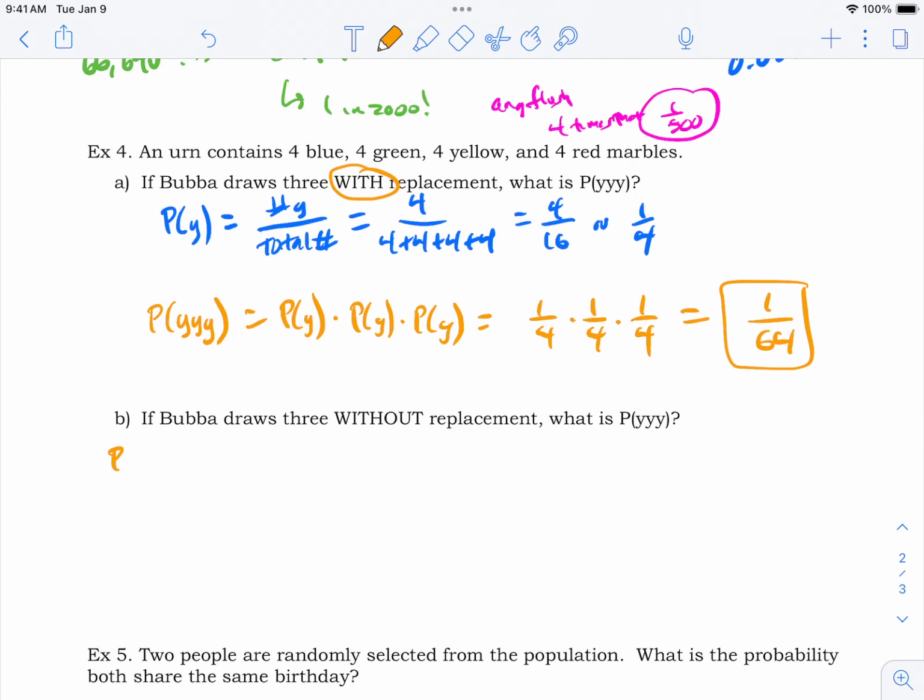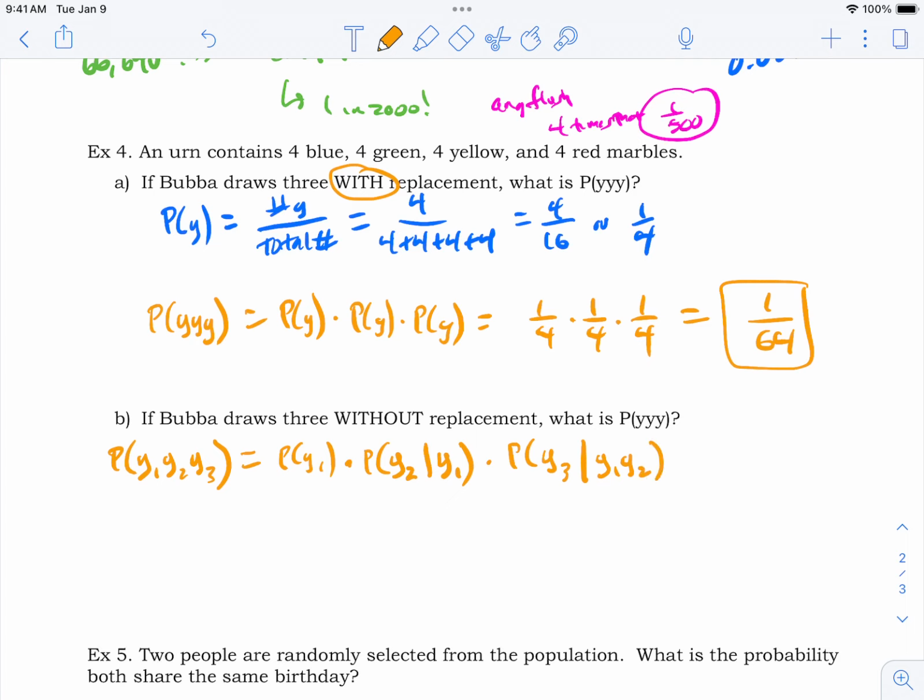So the probability of... Now, I like to put little subscripts here when I'm doing these dependent events. Yellow 1, yellow 2, yellow 3 is going to be, well, first you got to get a yellow on the first try. Then you need to figure out the probability of getting a yellow on the second try, given that you just got a yellow on the first try. And then you'd have to multiply by the probability that you get a yellow on the third try, given that you already got yellows on both the first and the second tries.